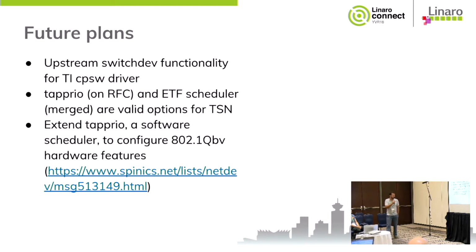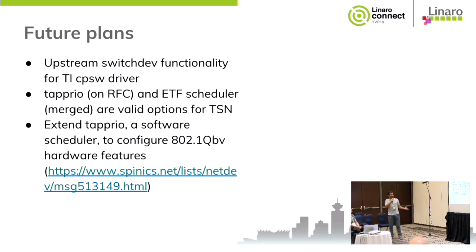So the future plans after that is, as I said, we're still going to try and push along to make the switchdev API work on the TI driver and get accepted. After that, TSN is way more than configuration. The configuration part is just the entry point on how I enable the whole thing on my architecture.